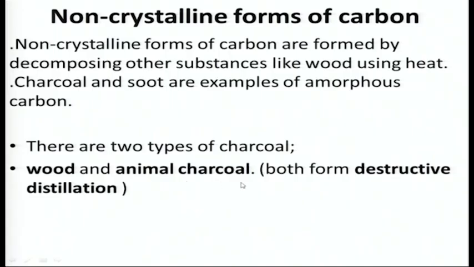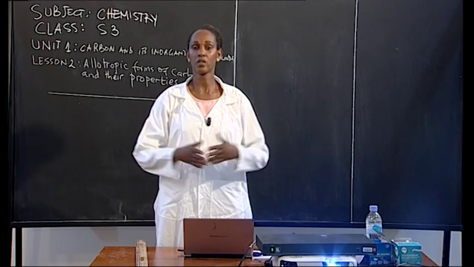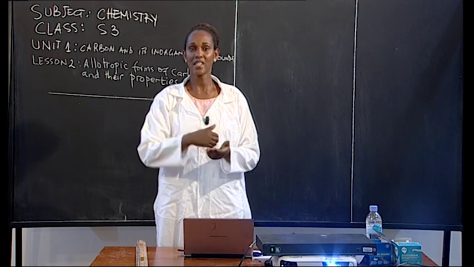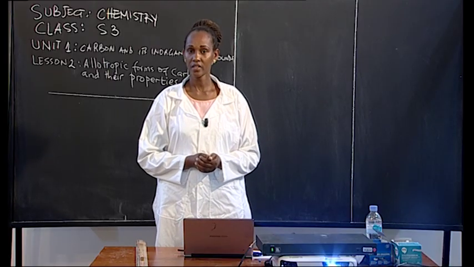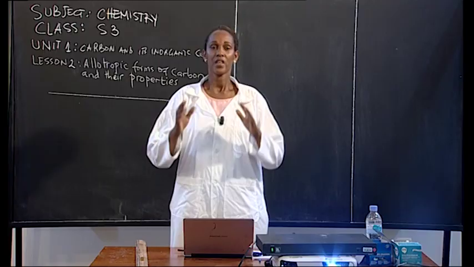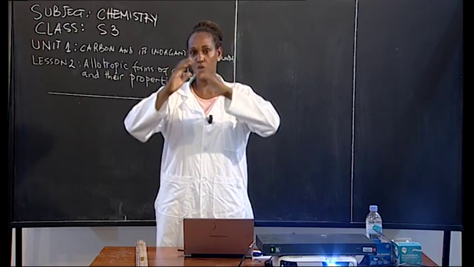Both are formed as a result of what we call destructive distillation. What does it mean? Have you ever seen where they make charcoal? Let's talk of this normal charcoal, the wood charcoal. Anybody has seen where they make this charcoal? Yes? Yeah. In making charcoal, they gather wood.